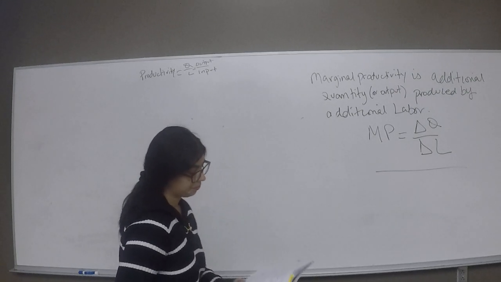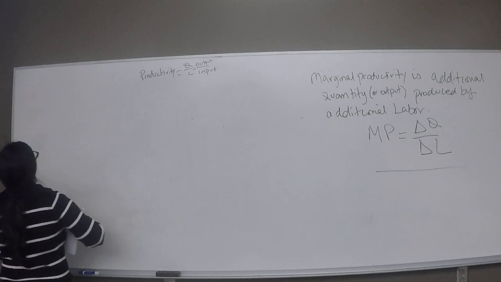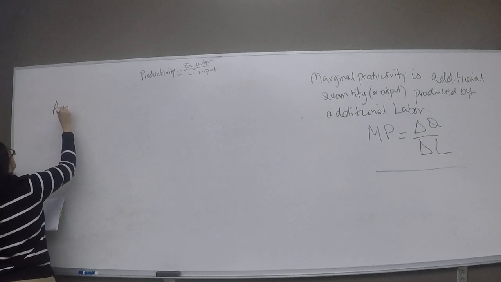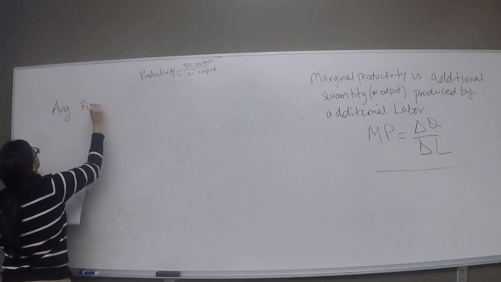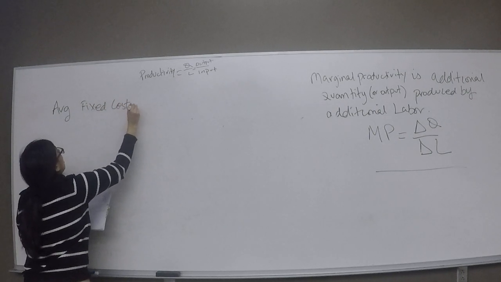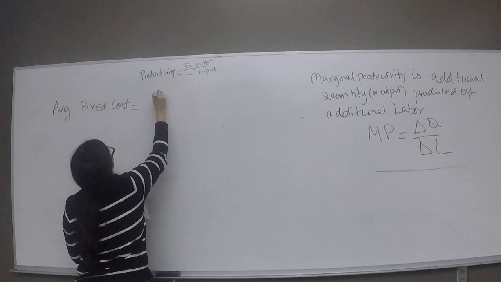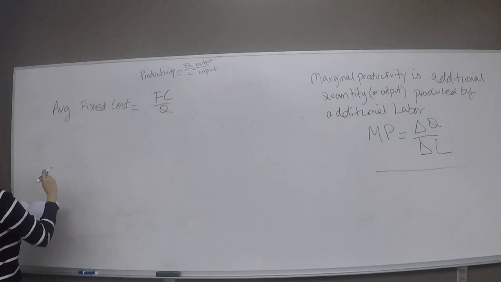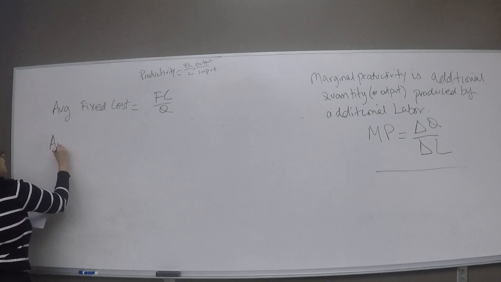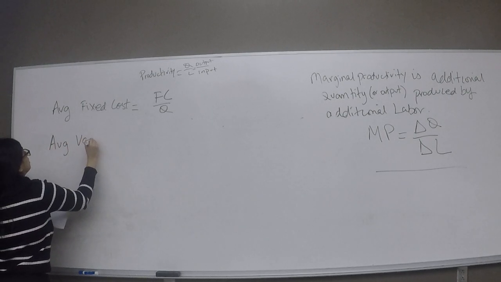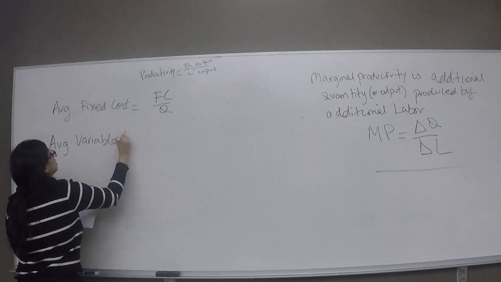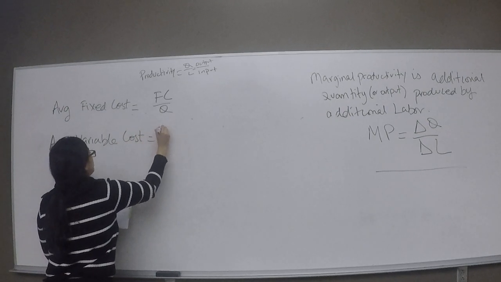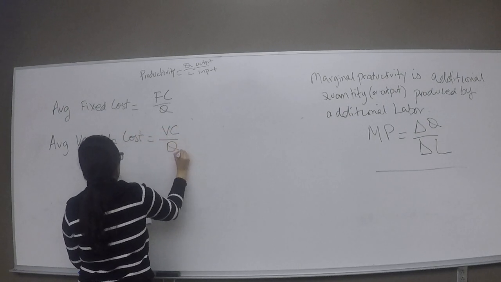Okay, so what about average fixed cost? Average fixed cost is equal to fixed cost divided by quantity. Average variable cost is equal to variable cost divided by quantity.